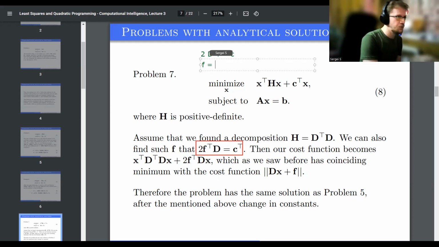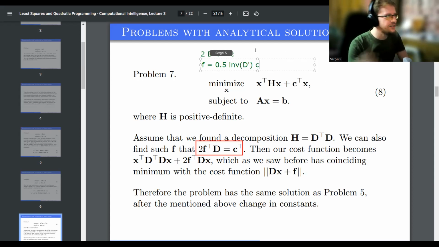So f would be equal to inverse of D transposed, times 1/2, times c. And since D is full rank, it also means that D transpose is full rank. Transpose doesn't change the rank of a matrix. So we can always find f by computing the inverse of D. That's all. Easy.